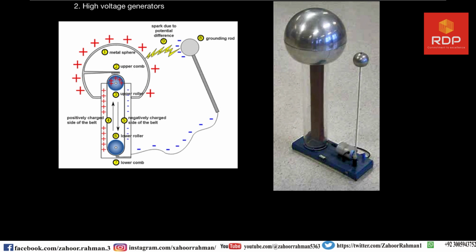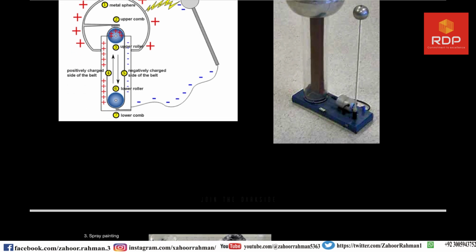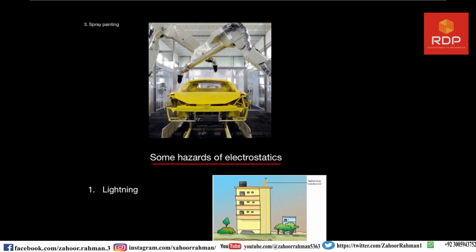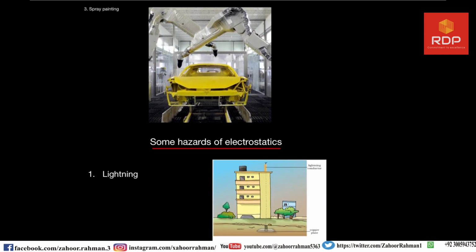Now, very important in modern technology is spray painting, where mass automation is required, such as in car production. Electrostatic spray painting is commonly used.